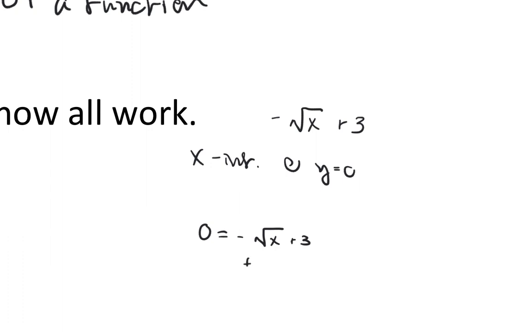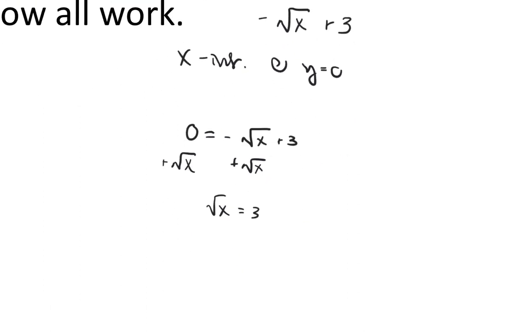If we add the square root of x to both sides, the square root of x is equal to 3. Now to get rid of this square root, we square both sides, which gives us that x is equal to 9. So that means that the x-intercept is at (9, 0).